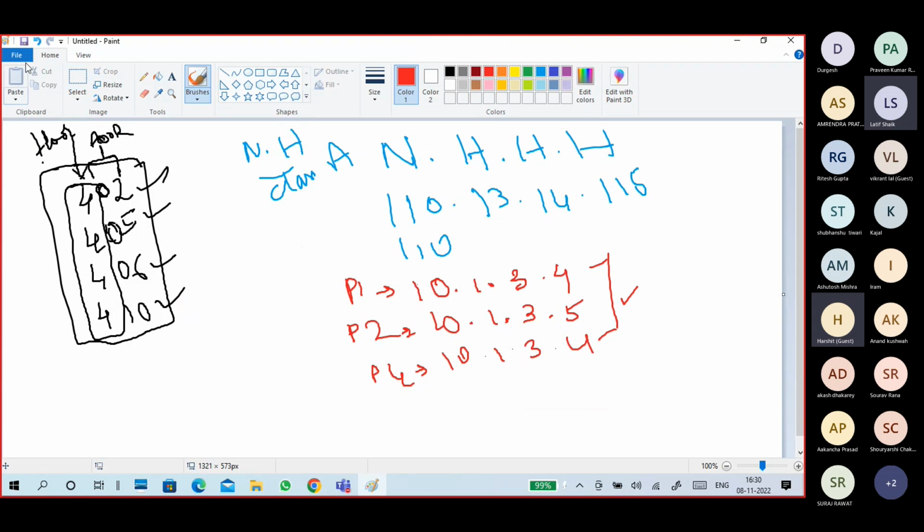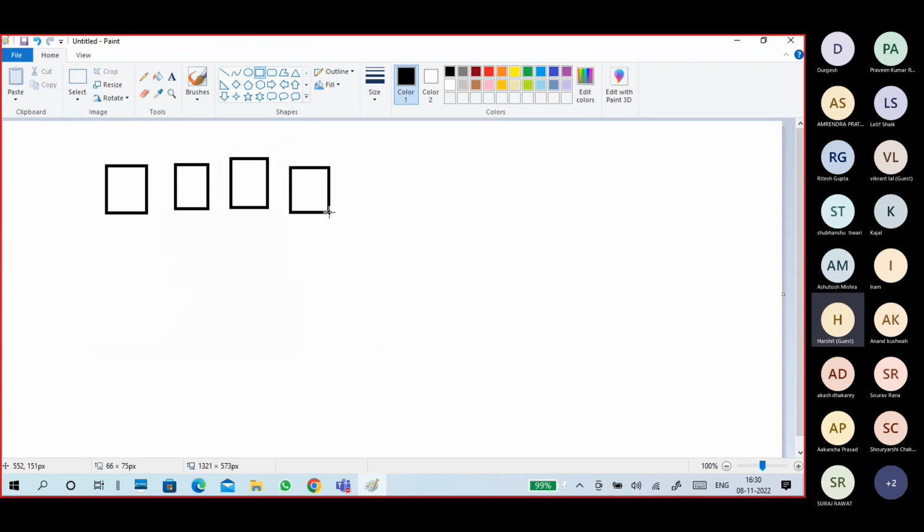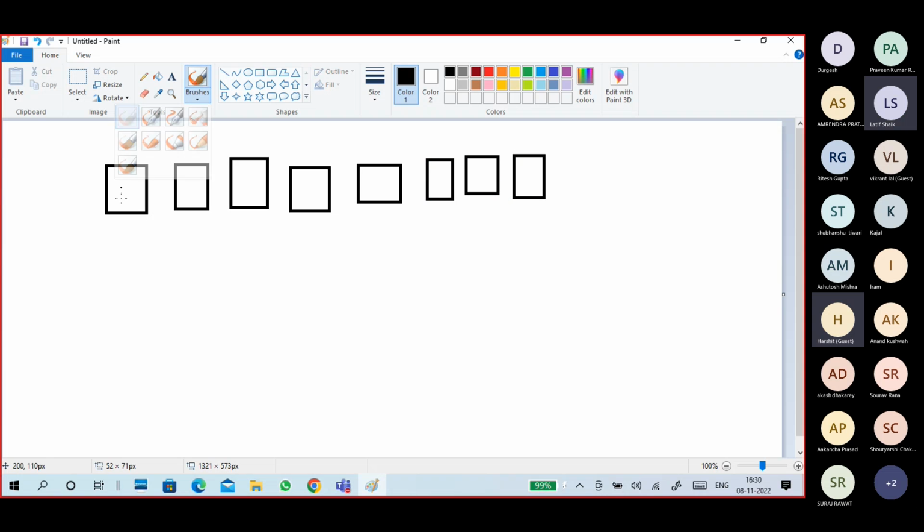In your network, you have computers, 10 computers, 20 computers, 50 computers, right? And I am able to give an IP address to each and every device.